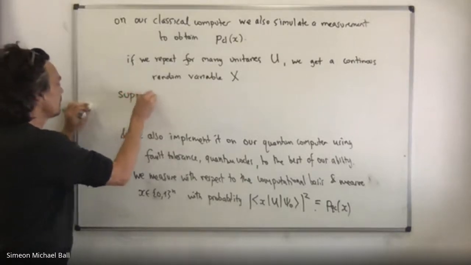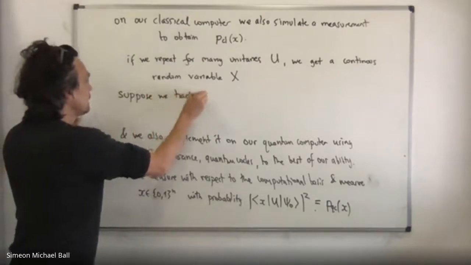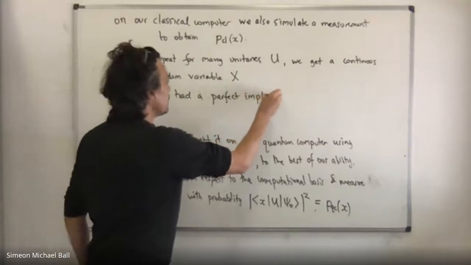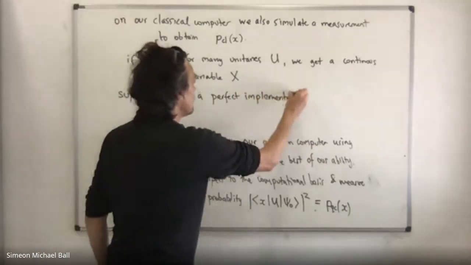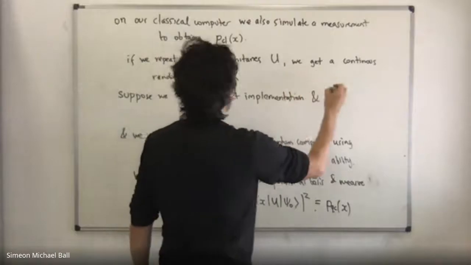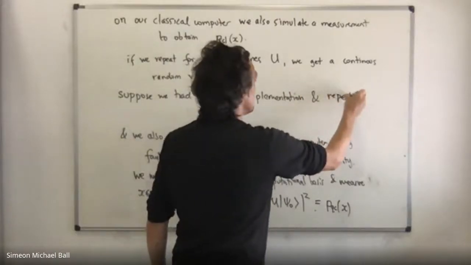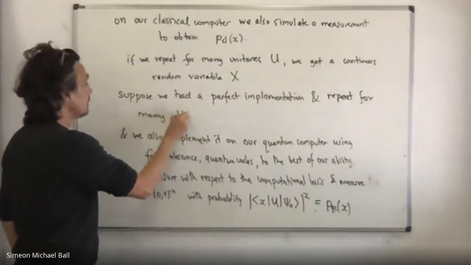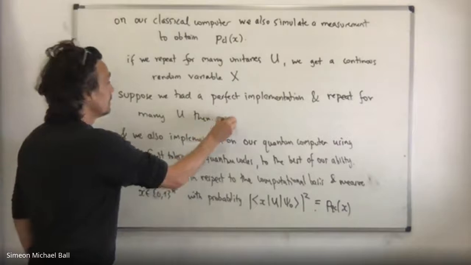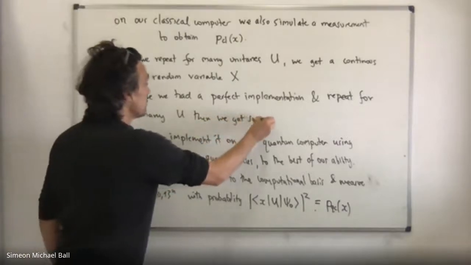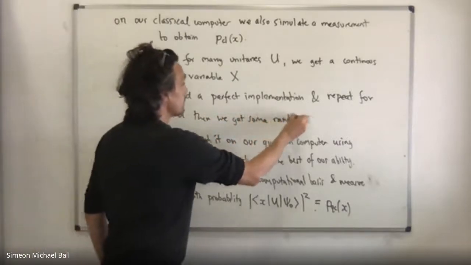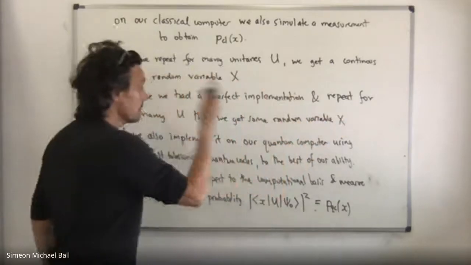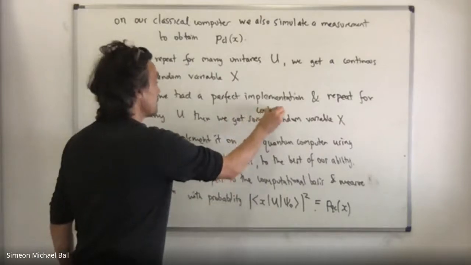Suppose we had a perfect implementation, and repeat for many U, then we get some random variable x, some continuous variable x.